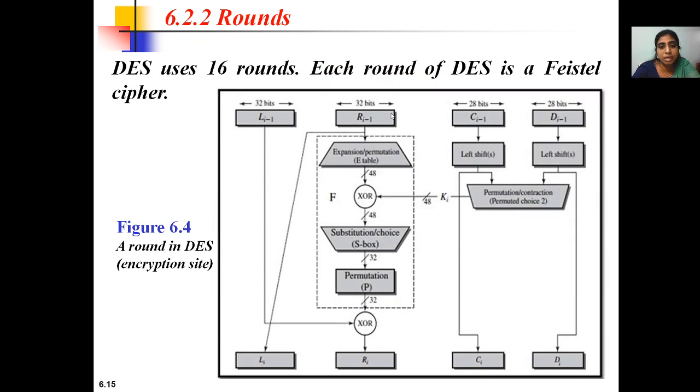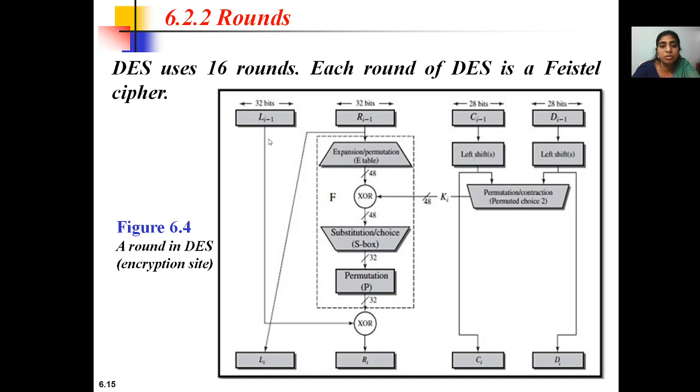So you can see here we are going to divide the left bits as well as the right bits. The left bits are XORed, and the right bits are given to the round function.